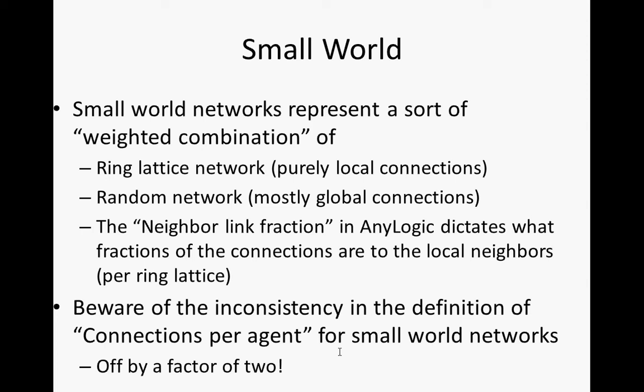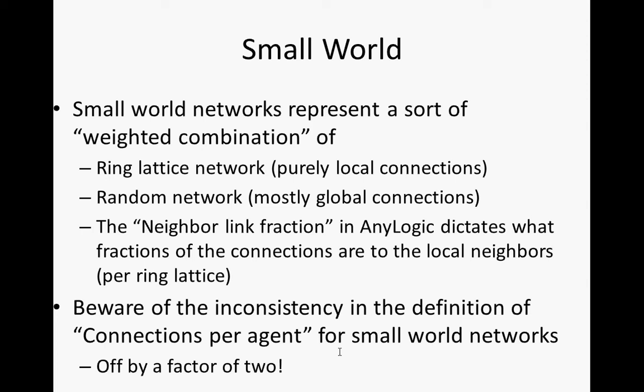In other words, a certain fraction, neighborhood link fraction, will retain local connections. Okay. And one thing to be aware of is connections per agent for a small world network is off by a factor of 2 from what it is in a ring lattice network.